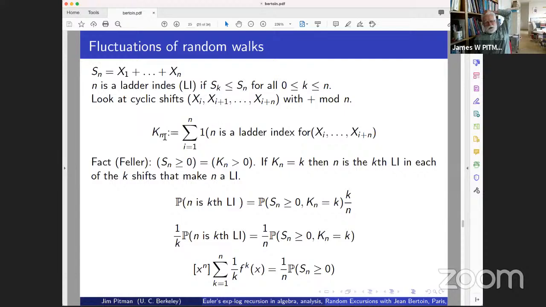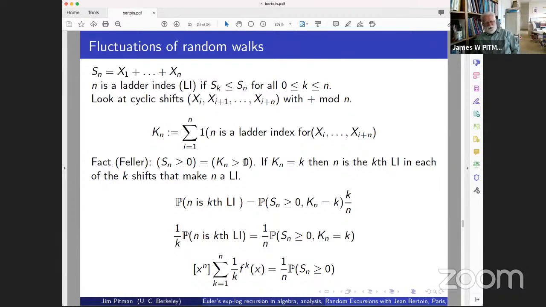You take this random variable Kn, which is the count of how many different cyclic shifts make n a ladder index. And Feller's combinatorial fact, which is just a fact about real numbers, is that the event that Sn is non-negative is exactly the same as the event that this Kn is strictly positive.